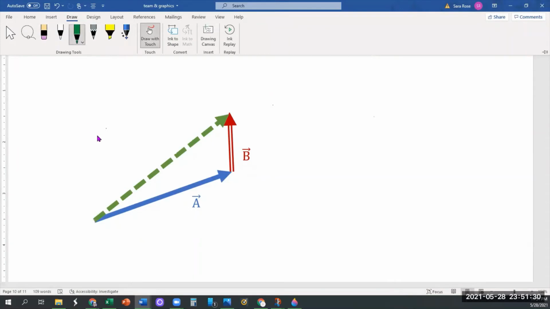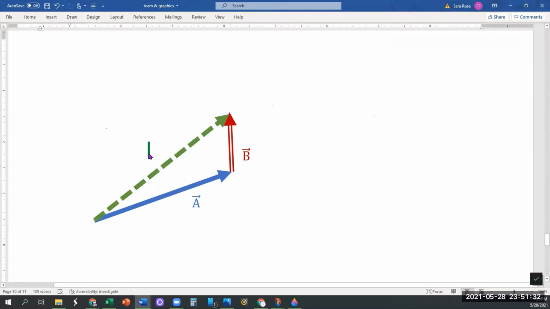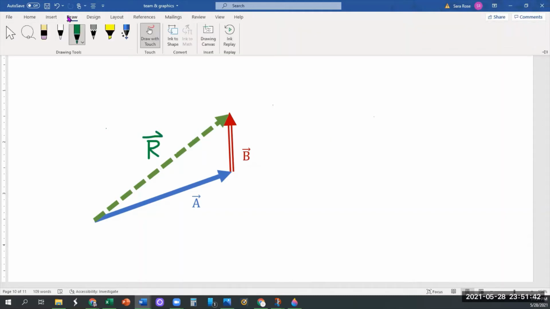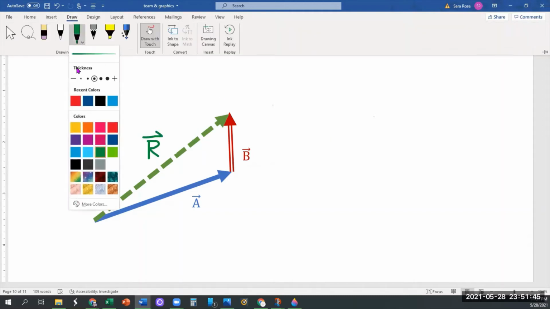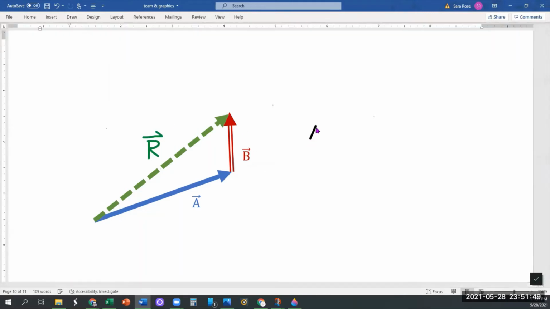And I'm going to call this new vector, vector r, because it is the resultant vector of vector a and vector b. In other words, if we add a and b, this is what we get. We get this result. So actually, let me write that. If we add vector a plus vector b, we get vector r, the resultant vector.